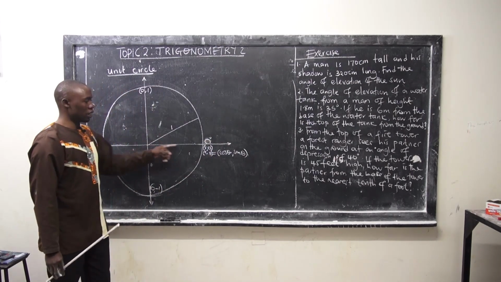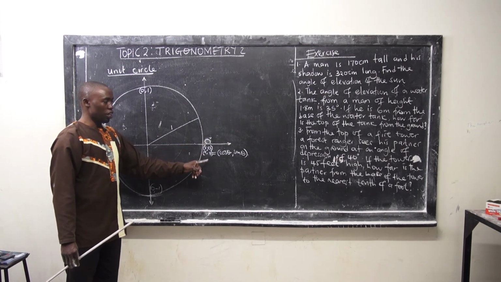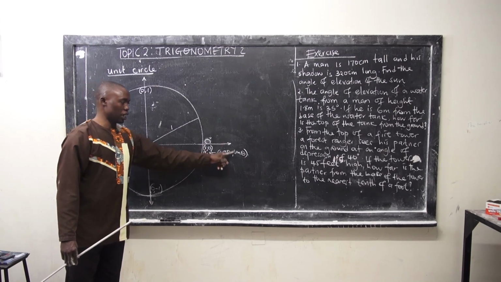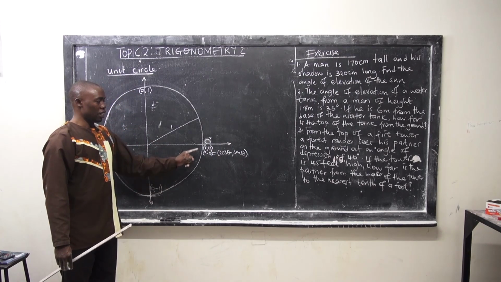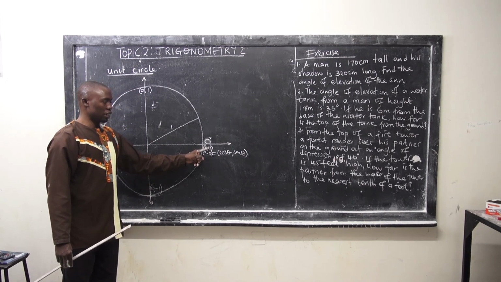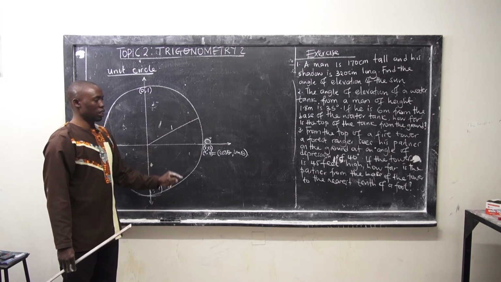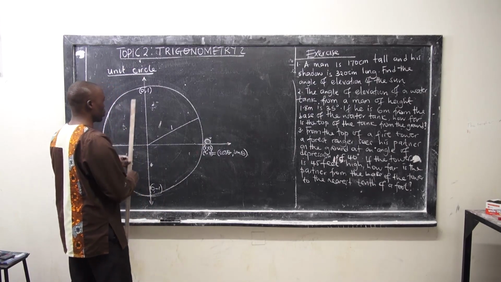So when we're on this line, the angle is not measured at all, so the angle is 0. If you punch in cos of 0, you get 1, and if you punch in sine of 0, you get 0. So that only implies that every coordinate on the circumference is actually in terms of cos and sine.